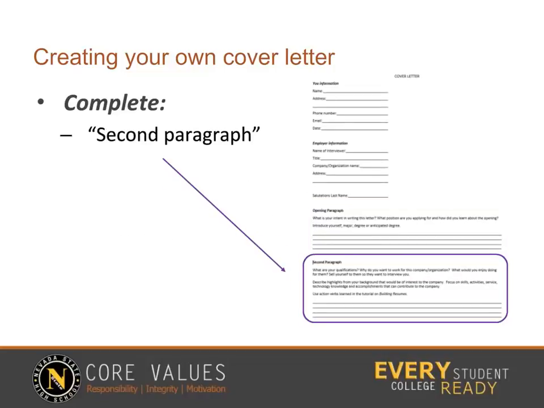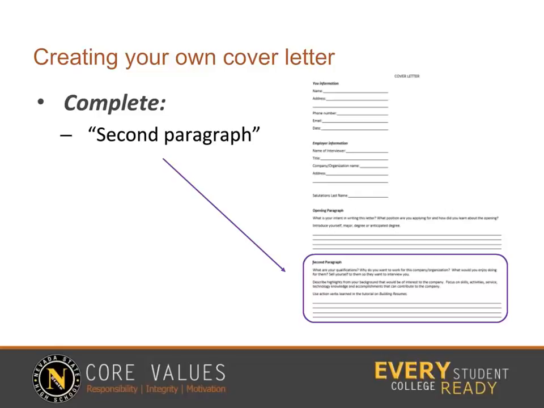Continue to paragraph 2, focusing on what are your qualifications, why do you want to work for this company or organization, and what would you enjoy doing for them. Sell yourself to them so that they want to interview you. Describe highlights from your background that would be of interest to the company. Focus on skills, activities, service, technology knowledge, and accomplishments that can be contributed to the company. Use action verbs learned in the tutorial Building Resumes.